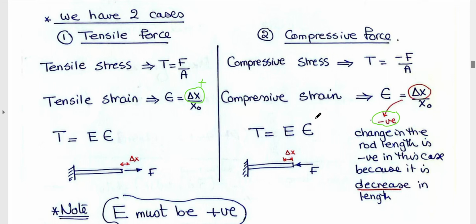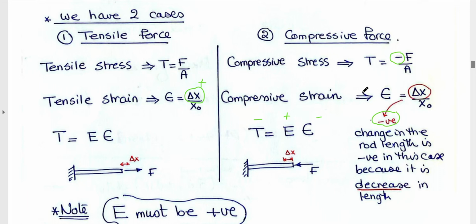If I put the compressive strain here as negative, I must put the compressive stress negative in order to have Young's modulus positive. That's why in dealing with compressive force, we put the stress as a negative value.